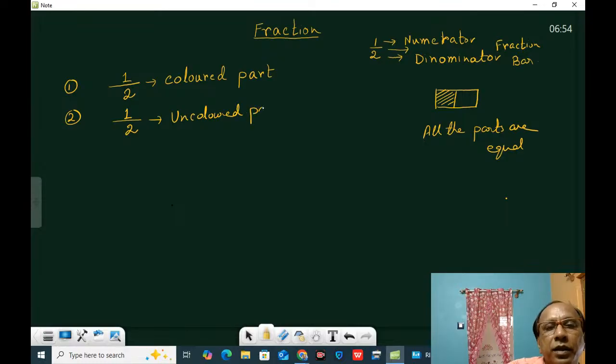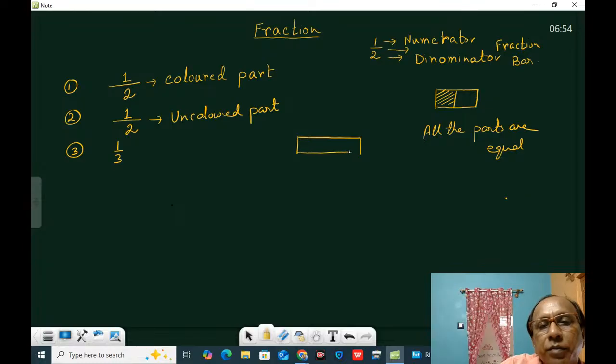And how do we define a fraction? A fraction is a part of a whole, right? Now we'll explain by some figures how we express this. Suppose I want 1 by 3. I want to represent 1 by 3. First, you have to draw in this way.